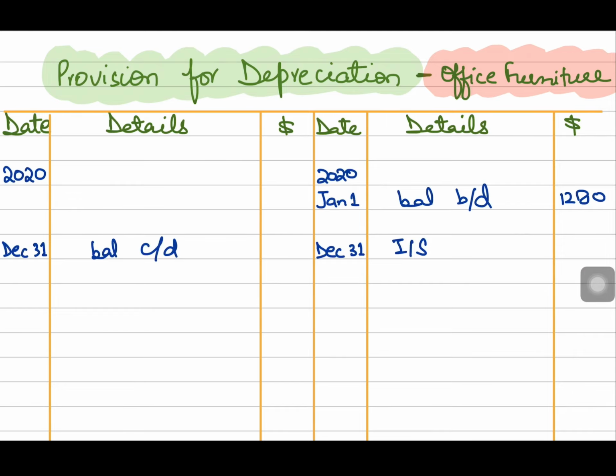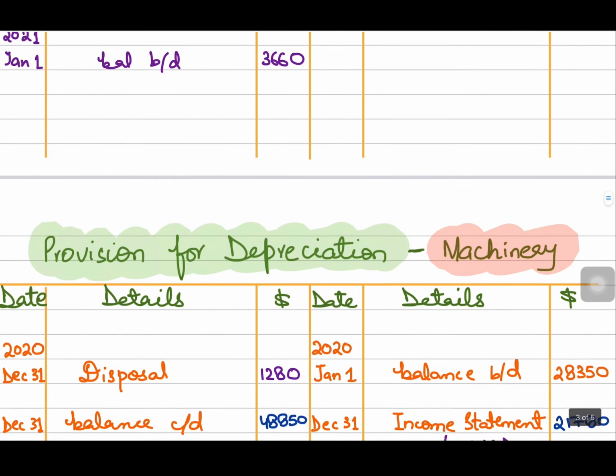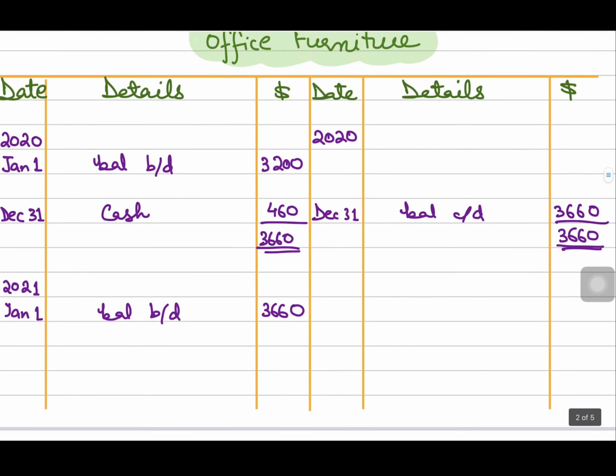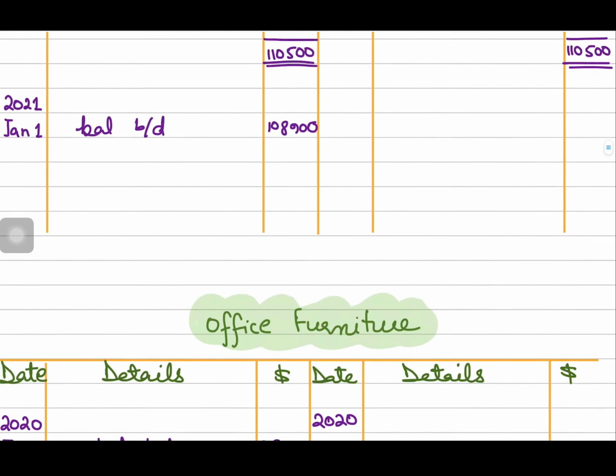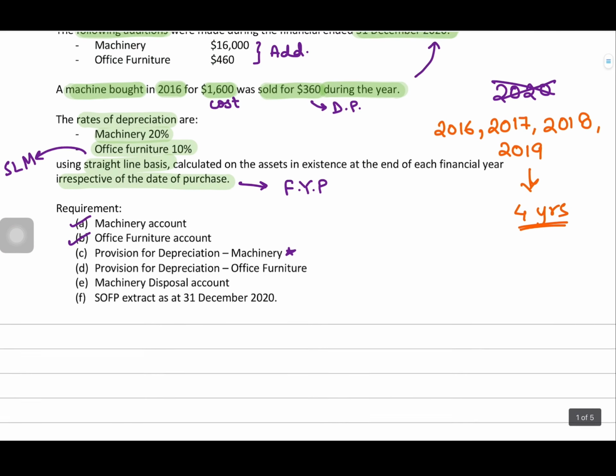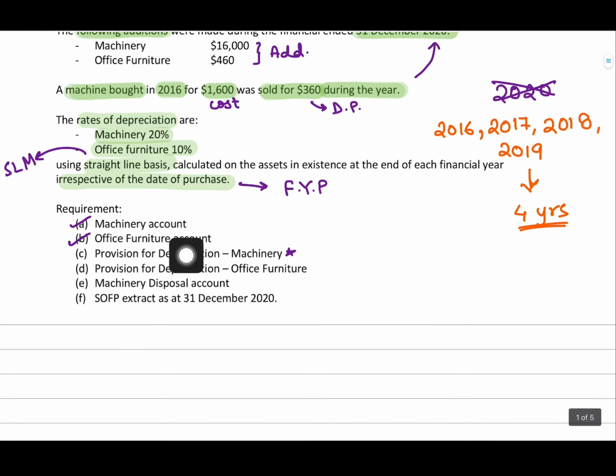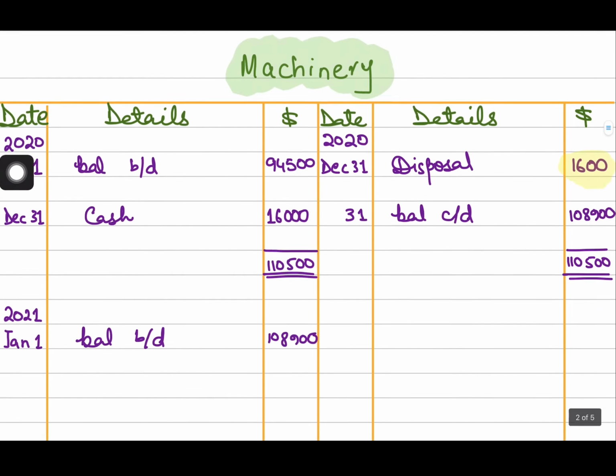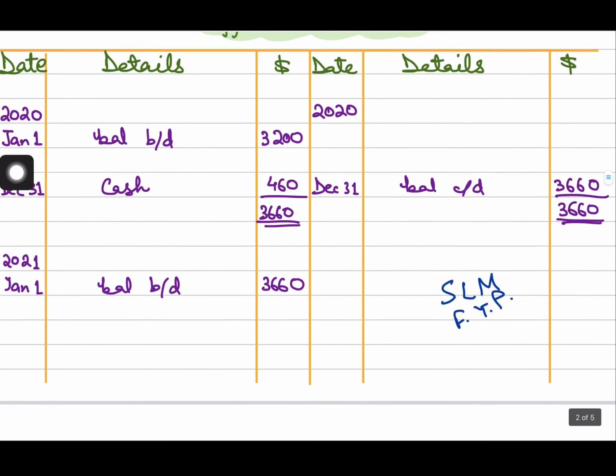So how will we calculate the current year depreciation? What is happening in the office furniture account? In office furniture there was the balance brought down, of course, and then there is a purchase of $460. So there are no disposals, we are following the straight line method, we are following the full year policy. So again we can benefit from this, and we will do less calculations, that is, just take the balance CD figure and multiply it with the rate, and that is 10% in this question for office furniture.